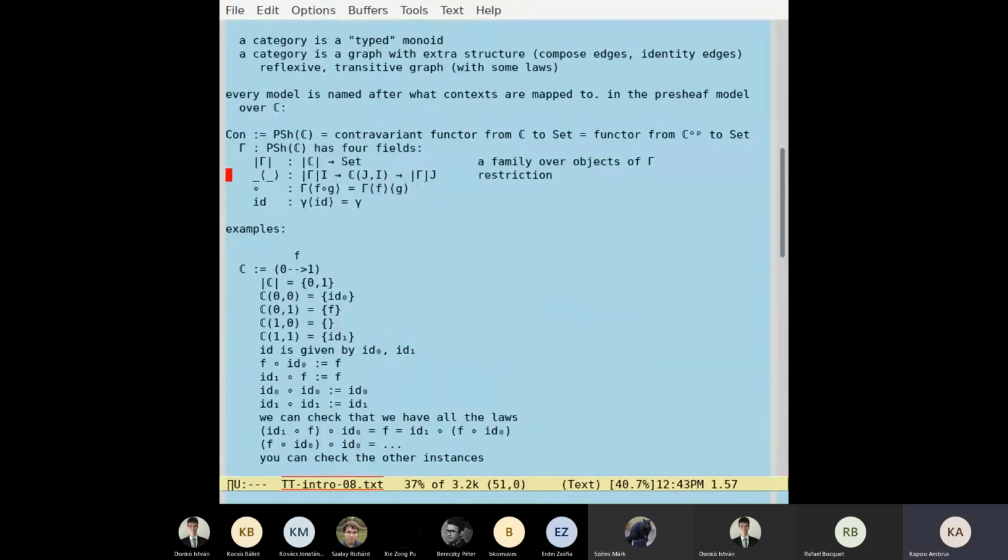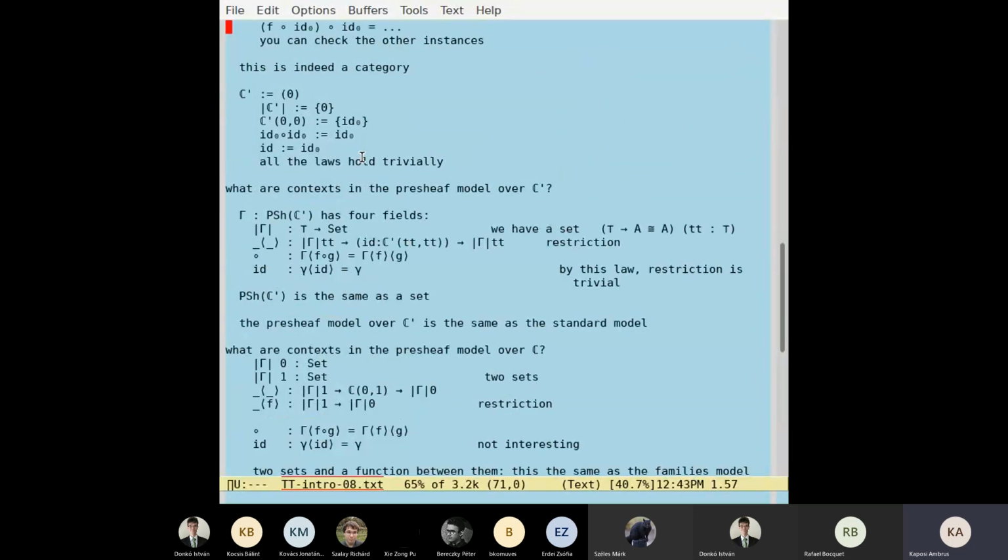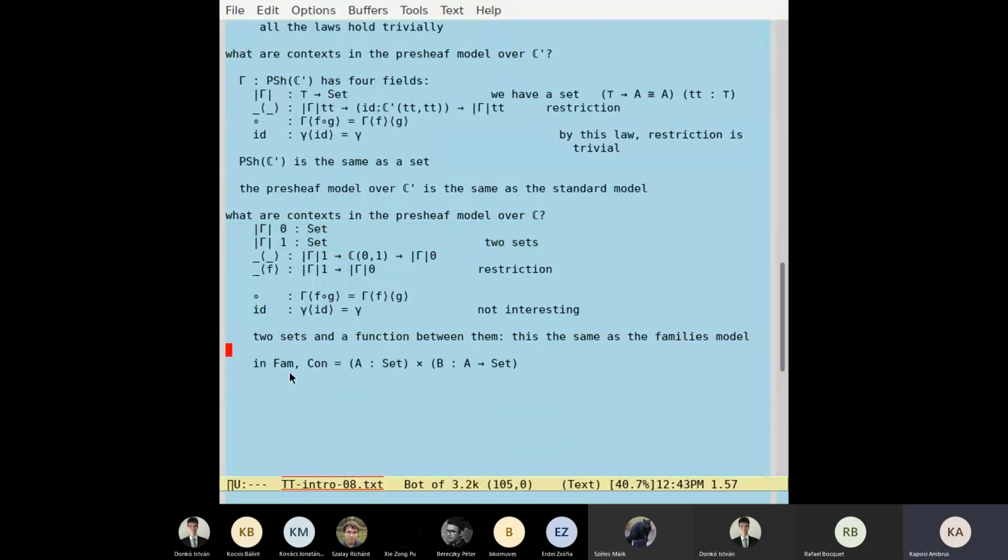Sorry, where did we define presheaves? Yeah, here. So in a presheaf, for every object of the category, I have a set. And here, if my category has two objects, then I have two sets.